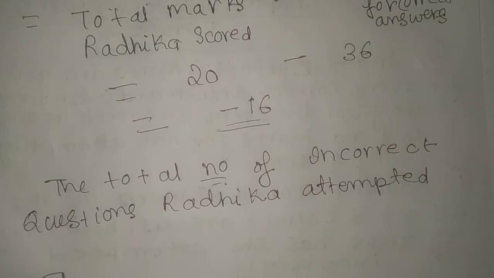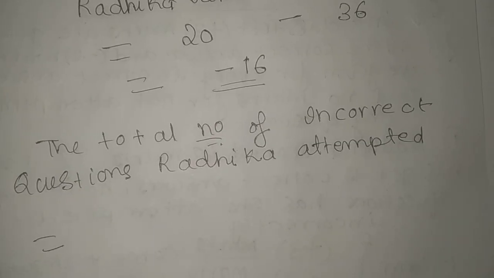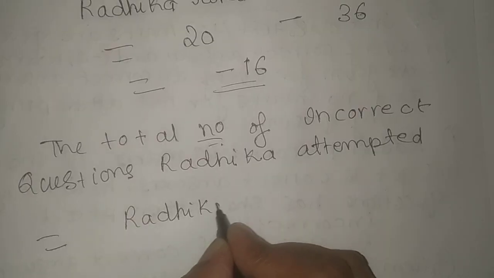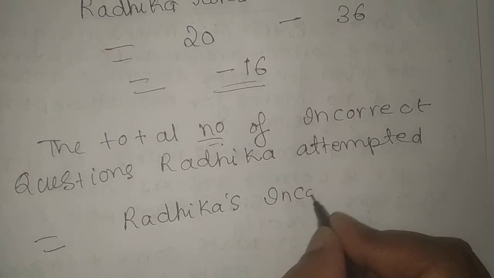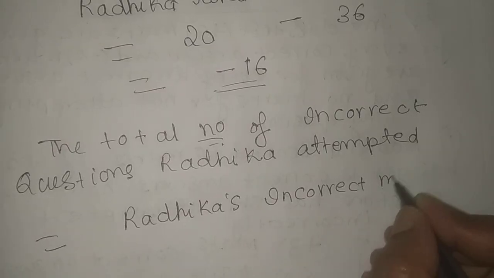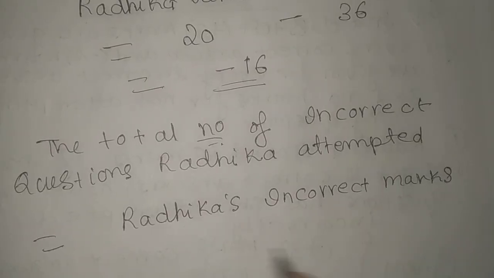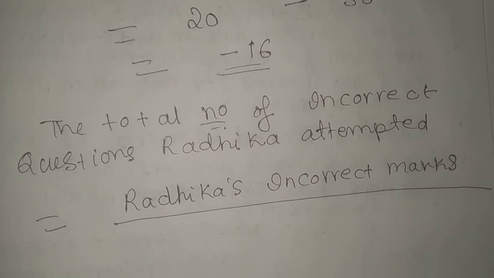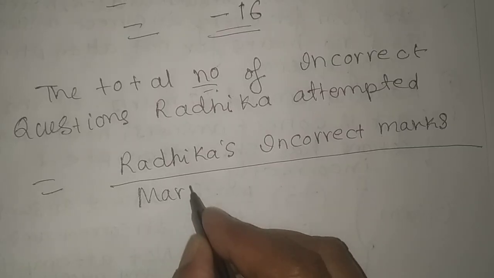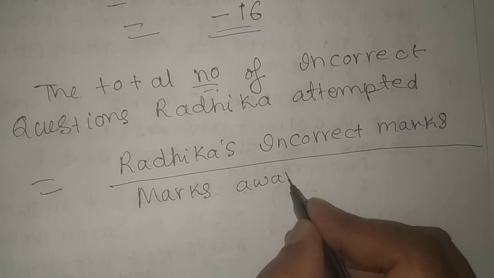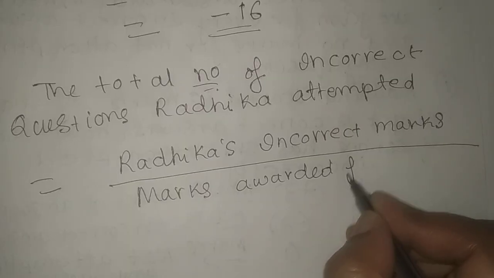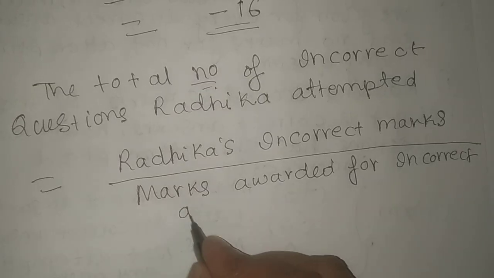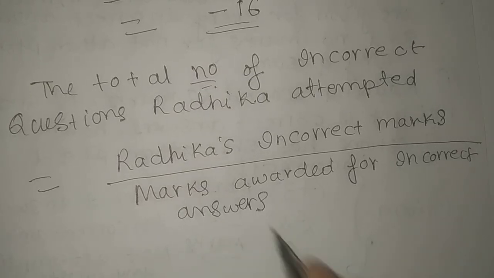So how to calculate this: it is equal to Radhika's incorrect marks divided by marks awarded for incorrect answers.